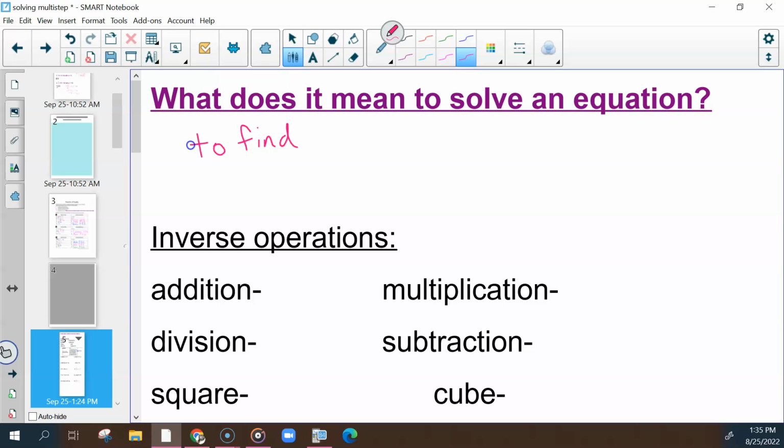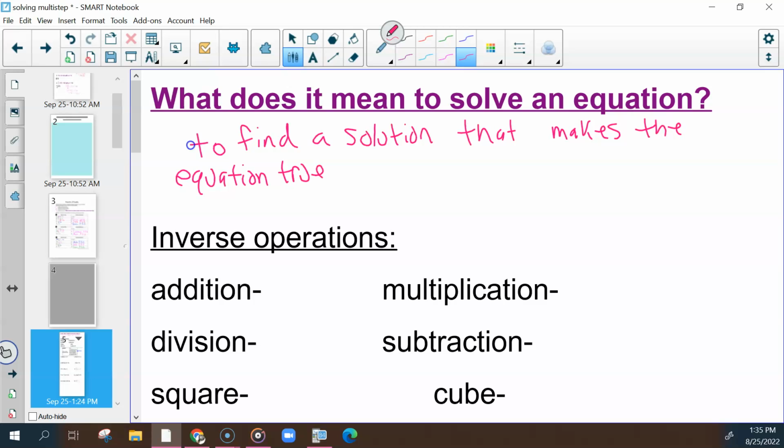To find a solution that makes the equation true by using inverse operations.